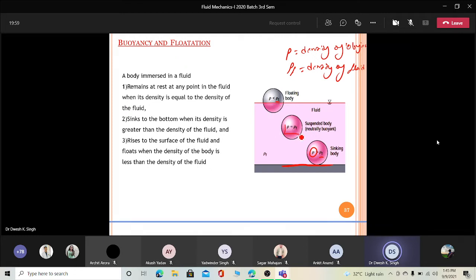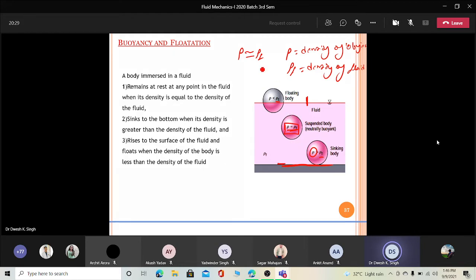And this is the suspended case. You can observe such a situation also when a body is suspended inside the fluid. This happens when the density of the object is equal to the density of the fluid. Then you will find that the body is suspended. It is neither going down, nor going up out of the surface. It will suspend.